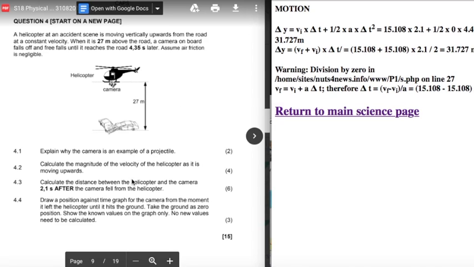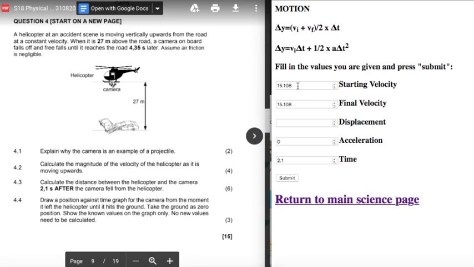Now, at the same time as the helicopter is moving up at this constant velocity, the camera has moved up and then possibly started to turn around and fall down. After 2.1 seconds, let's try to find out where the camera is from its starting position. We return to the main science page.